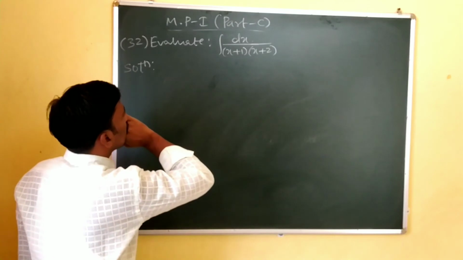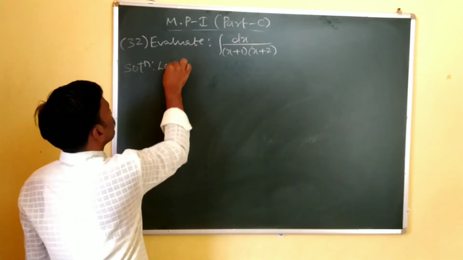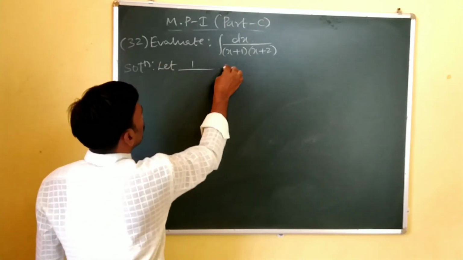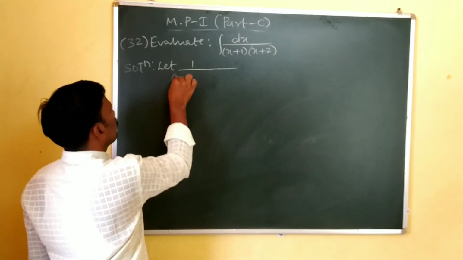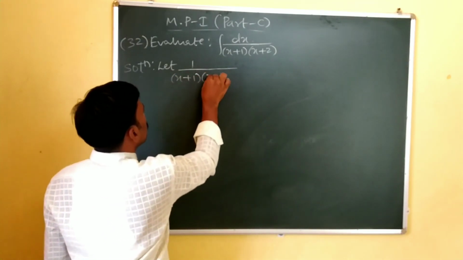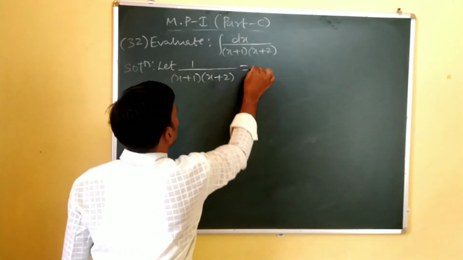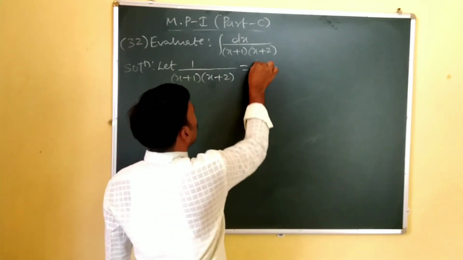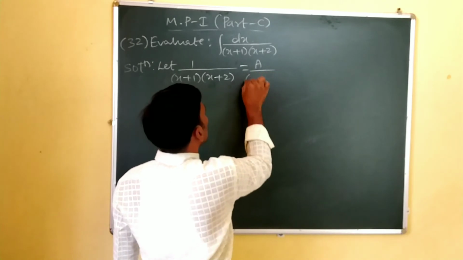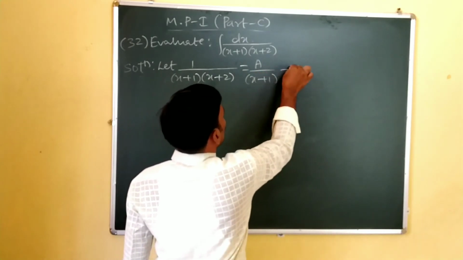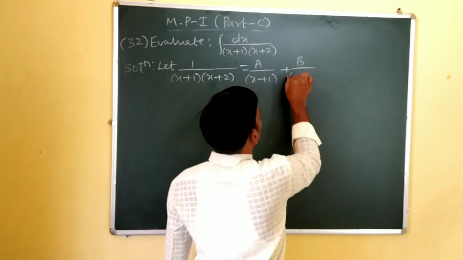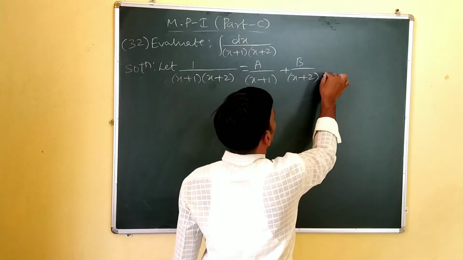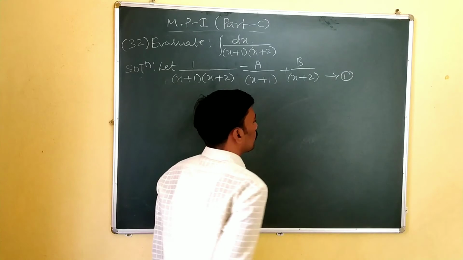So let us take the integral. Let 1 divided by x plus 1 into x plus 2 be equal to a divided by the first linear factor, x plus 1, plus b divided by the second linear factor, x plus 2, and say this is equation number 1.